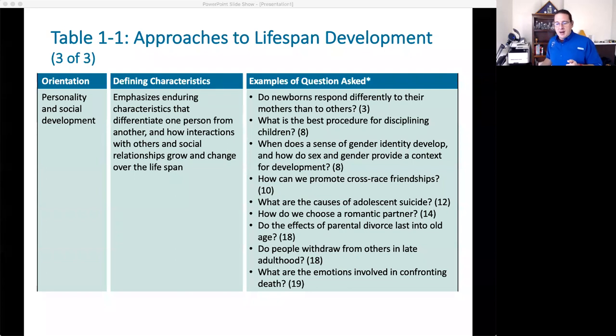Some of the questions we may ask here are, how can we promote cross-race friendships with personality differences? Our personalities are very much embedded in our culture and upbringings. If we have two different cultures with personalities that may clash, maybe somebody has adopted a collectivist lifestyle, like we see in a lot of Asian cultures.